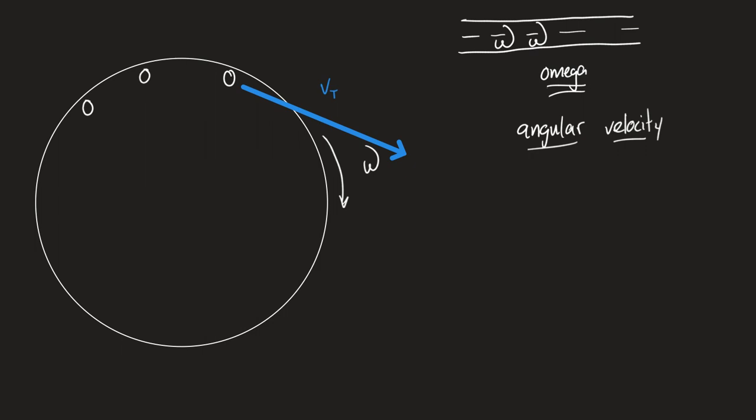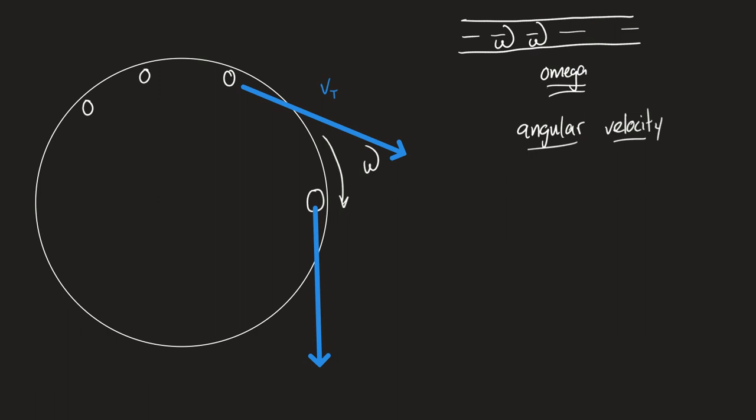No, not if the ride is successful. If the ride's unsuccessful, they go this way, and that usually means the park shuts down for a little while as they investigate. But if the ride is successful, they will eventually be over here with a tangential speed this way. That's the goal.